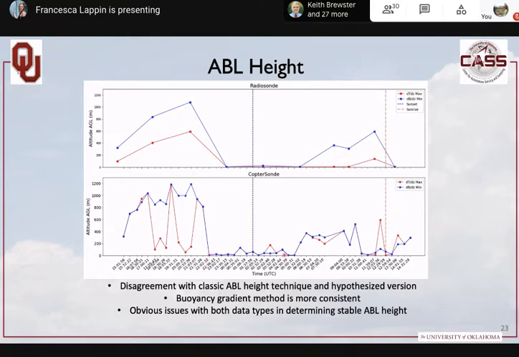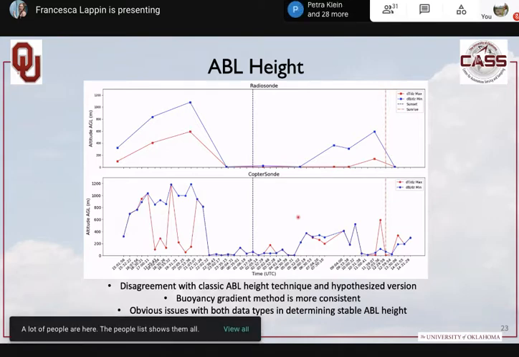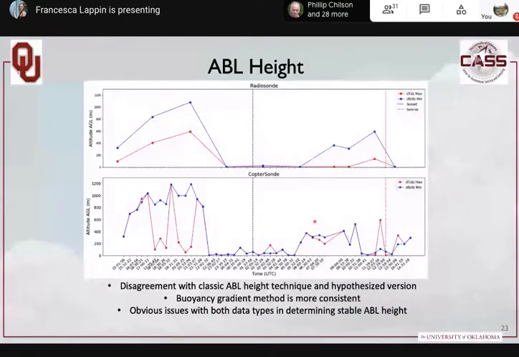And this continues throughout. This is a bit of an issue we need to work through, of the boundary layer heights being very small. We're very, very close to the surface when we're in a stable boundary layer regime. But overall, the buoyancy method from the Copter Sonde data agrees very well with the radiosonde data.